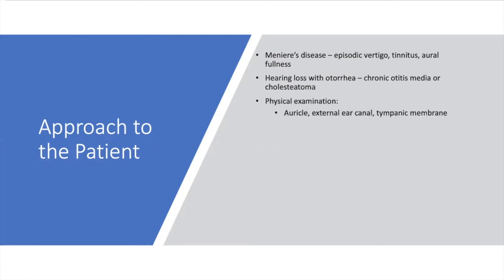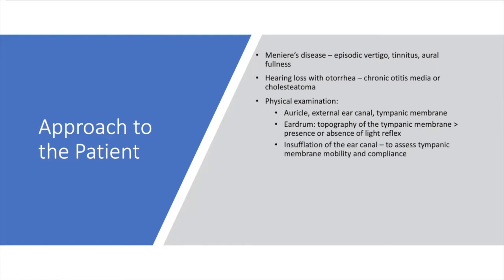Examination should include the auricle, external ear canal, and tympanic membrane. In examining the eardrum, the topography of the tympanic membrane is more important than the presence or absence of the light reflex. Insufflation of the ear canal is necessary to assess tympanic membrane mobility and compliance.